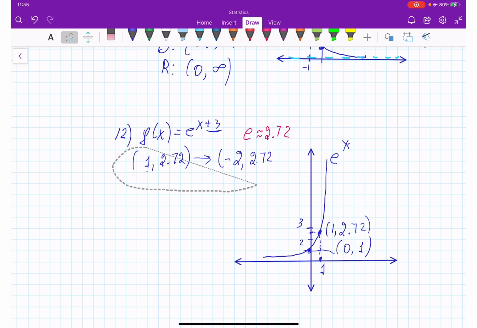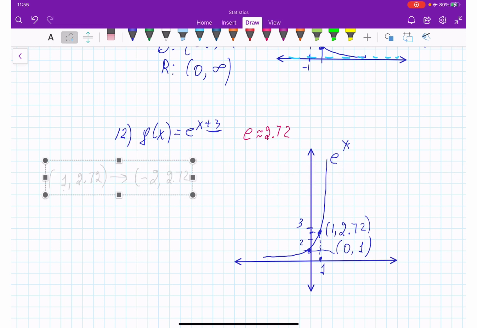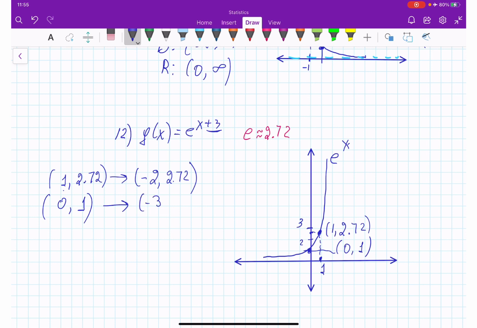Then 0, 1, the second point we are interested in, is going to shift by 0 minus 3. It's going to be negative 3 and 1. And 0, 0, we want to know where this asymptote is moving. 0 minus 3 is going to be negative 3 and 0.